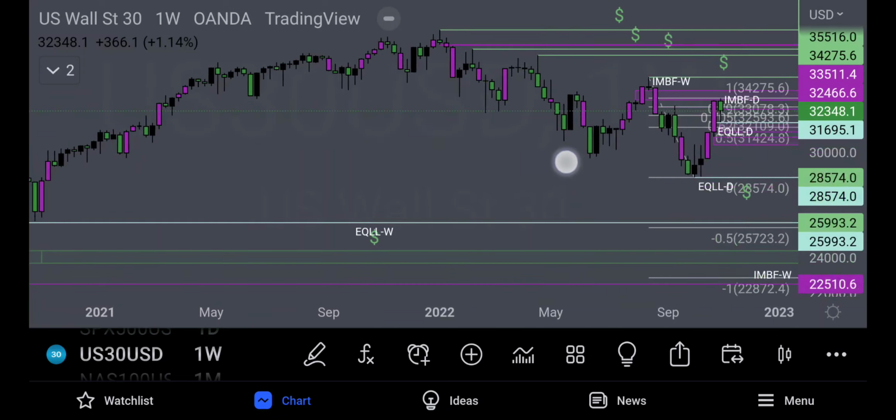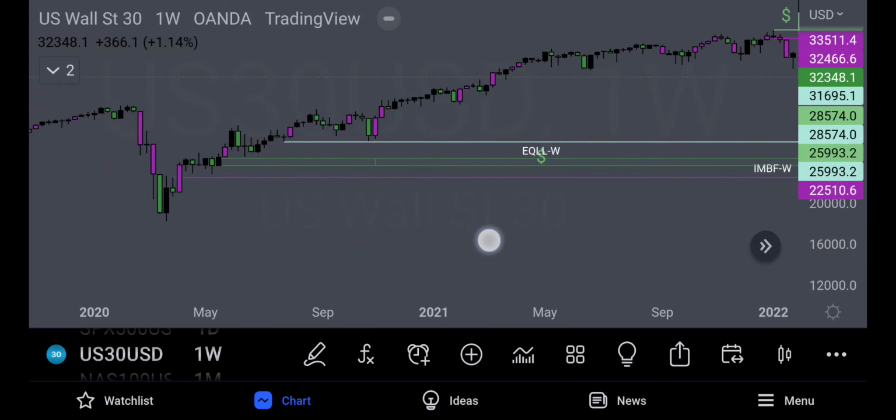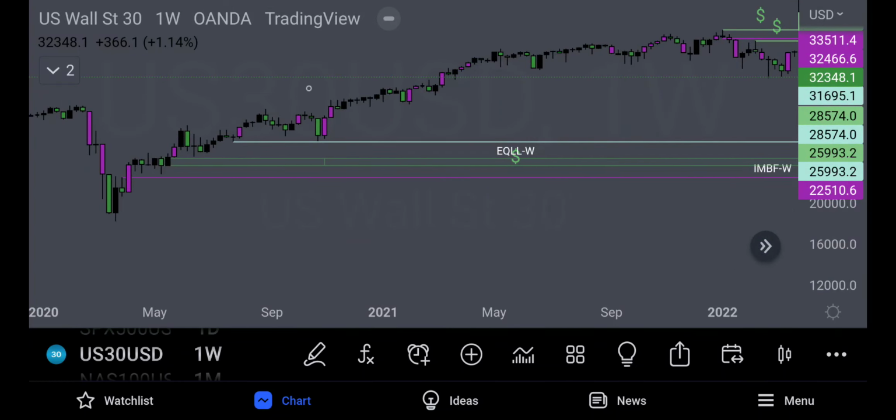So not necessarily focused on that, but focused on these equal lows here, or relatively equal lows here on the weekly chart, as well as we have an order block here, as well as an imbalance fill, or an opportunity for an imbalance to be filled.